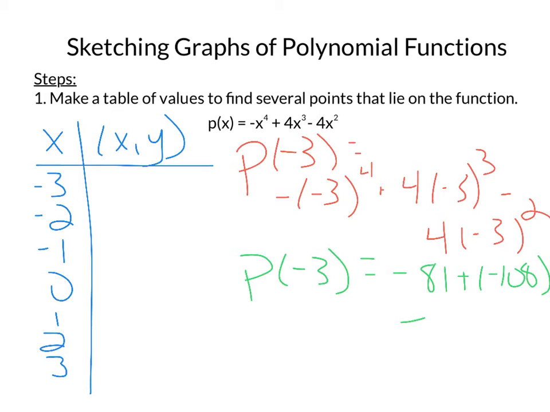Minus 4 times -3 squared. -3 squared is 9, times 4 is 36. When I add together all of my values, I get that p of -3 is equal to -225, which gives me the point on my function of -3, -225.